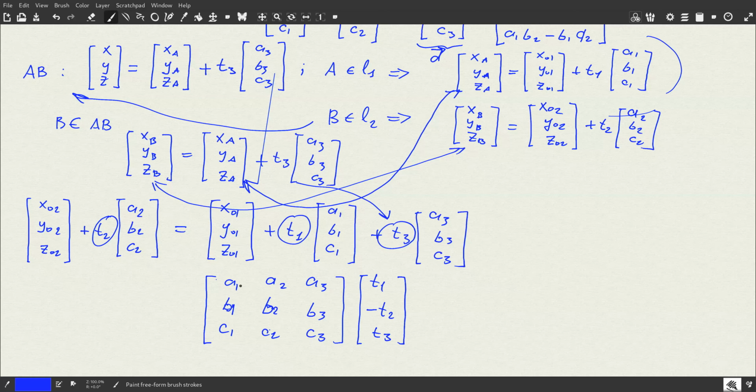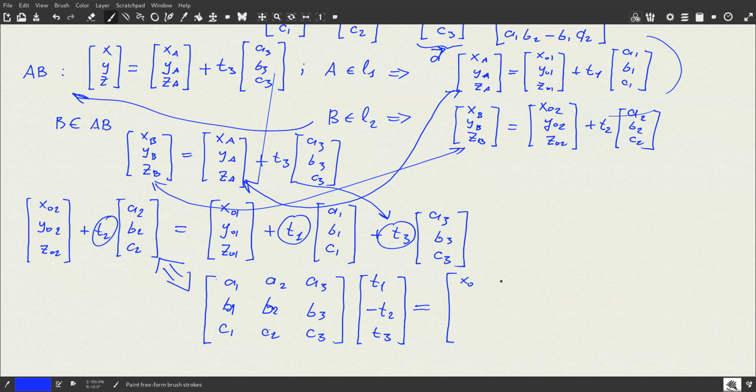And then indeed, you get equations A1 T1 minus A2 T2 plus A3 T3 equals to, for example, x02 minus x01, and so on. So check that these are actually equivalent notations.